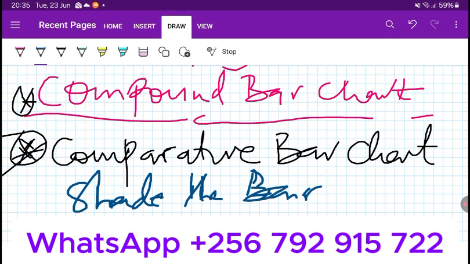So you need to have a key, because you are shading. It's a must to have a key here. It's not optional as we saw in the simple bar chart, where you can fail to have it and it remains authentic. But either way, it's always good to present the key to show the different items you have plotted on your graph.